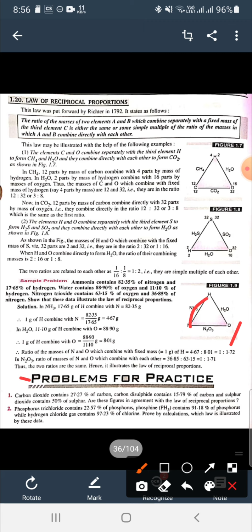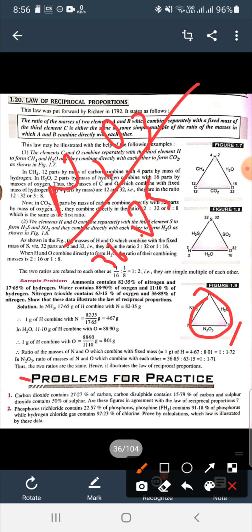And in N2O3, the direct combination, you can see the mass of nitrogen is 36.85 and oxygen 63.15. So here they are using the actual masses of nitrogen and oxygen.